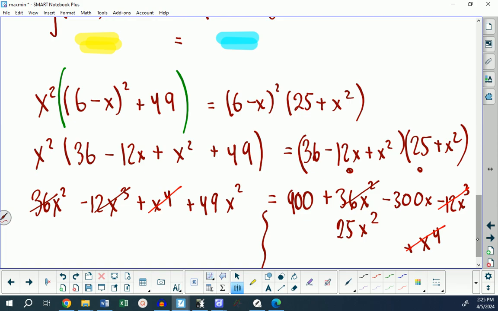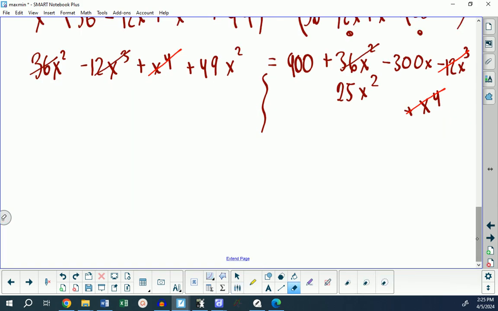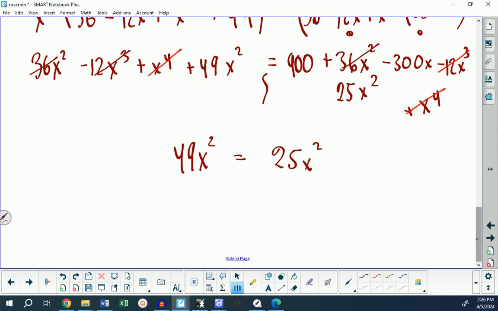All I have left on the left-hand side, this is one of those where I kind of joke, but kind of serious: if this works, it'll be a miracle. 49x squared equals 25x squared minus 300x plus 900. That's what I have.